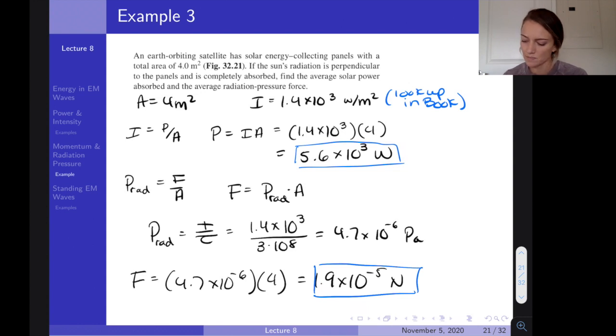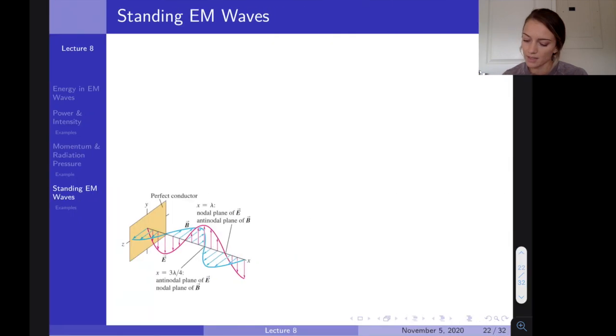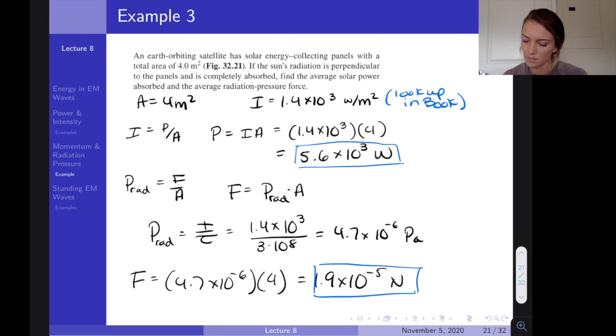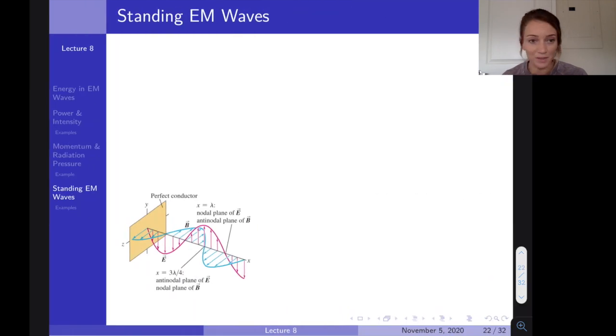But okay, so now what we're actually going to do is go on to EM standing waves. So that's it for the pressure and intensity for now. Well, we're going to do it for standing waves also, but that's the end of the new information about pressure and intensity. So now let's look at EM standing waves.